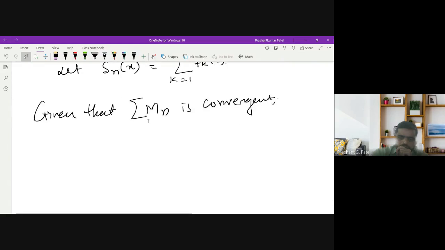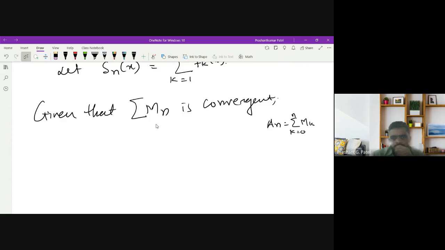Since this is convergent, consider its partial sum. Let us say the notation A_n will be the summation of M_k, k running from 0 to n.